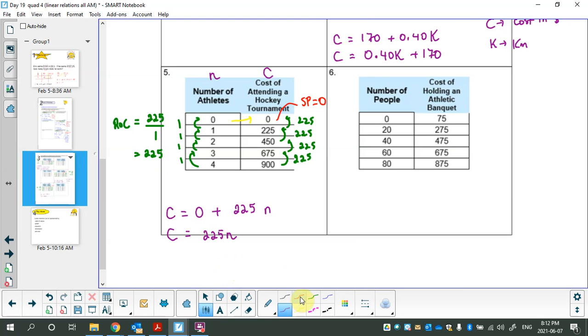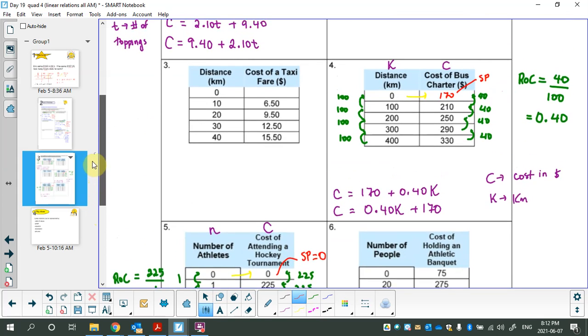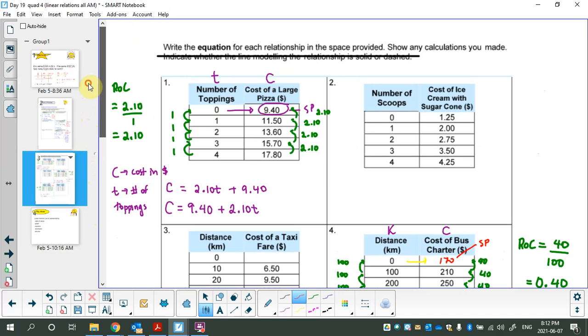So the last thing we have to do is backtrack through all of this to find out whether it's partial or direct variation. And this is an example of partial variation, or indirect, because we have a starting point that is not 0. It's $9.40.